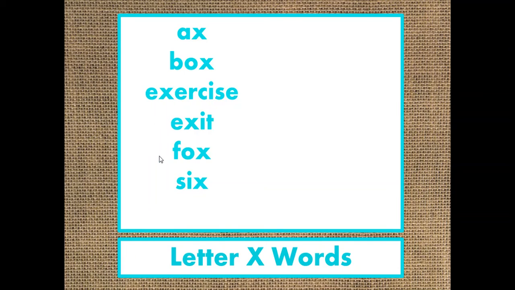Fox. 6. All of these words have the letter X somewhere in them that's not at the beginning. Remember, for our sound X, we are never going to see X at the beginning of a word making that sound. So we're going to find it somewhere else in the words for our kindergarten learning.